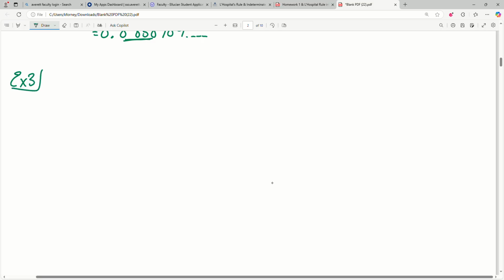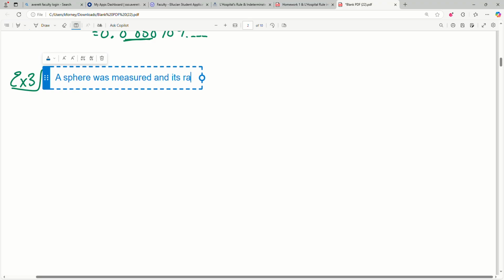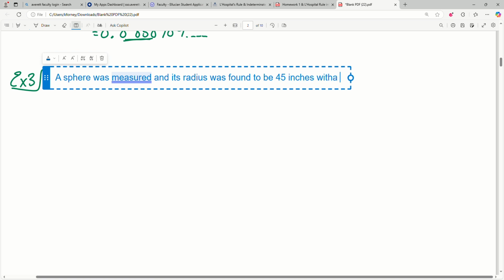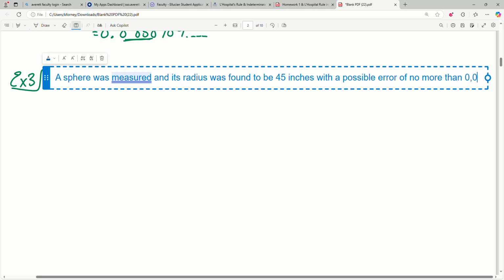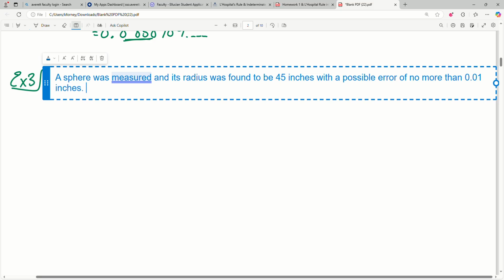So let's say, a sphere was measured and its radius was found to be 45 inches with a possible error of no more than 0.01 inches.